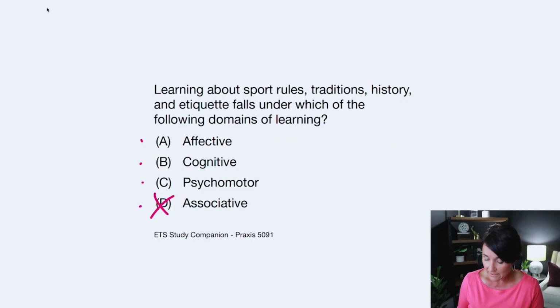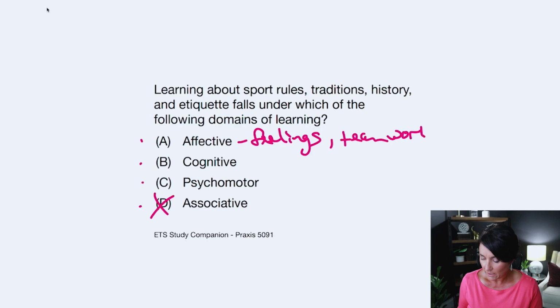Now, the affective domain is about feelings. When we're talking about PE and we talk about the affective domain, we're talking about teamwork. We're talking about sportsmanship. We're talking about how things, motivation, how things make you feel.